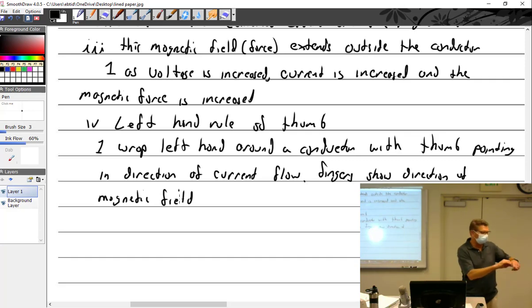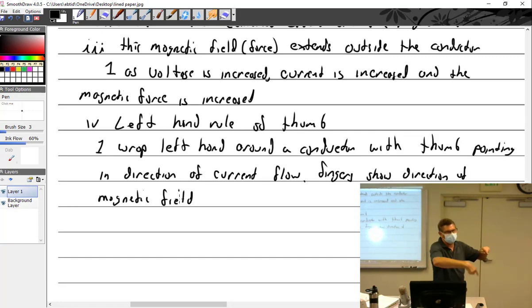So conductor, left hand, negative to positive. Your fingers show the direction the electrons flow, and the magnetic field will flow around this way.